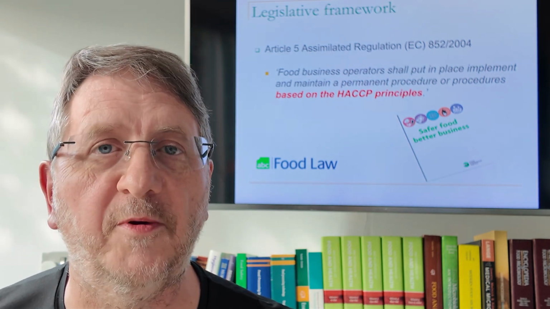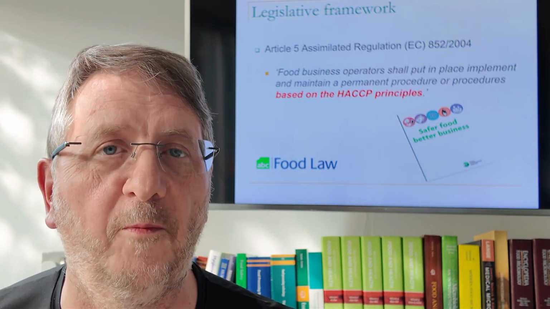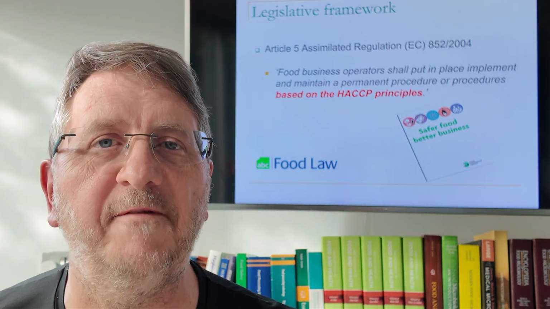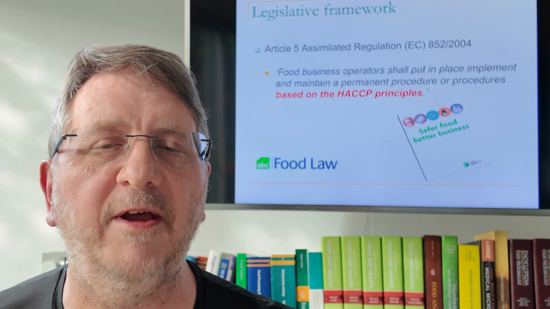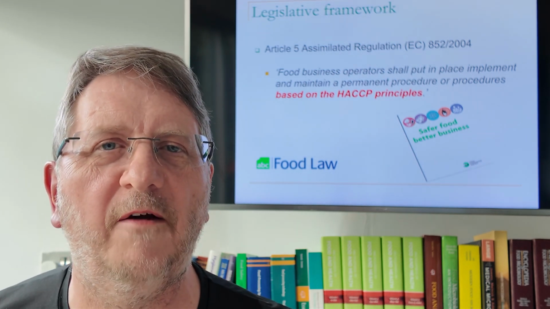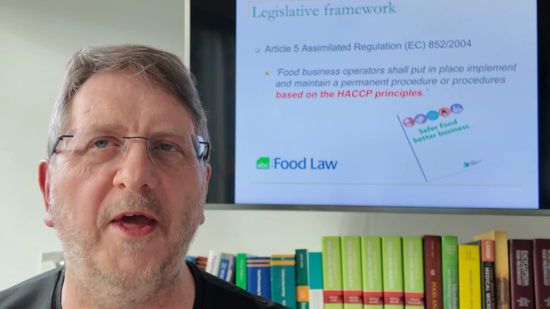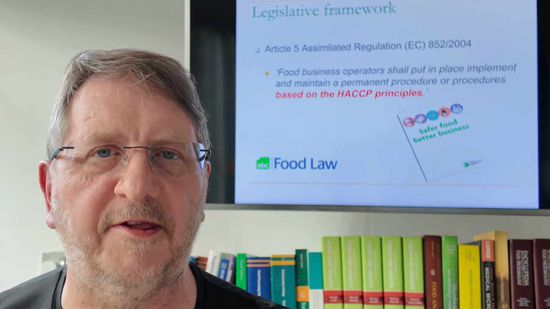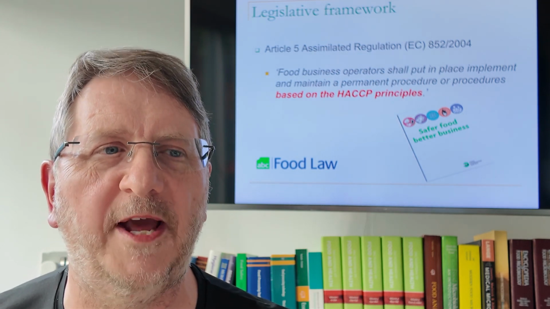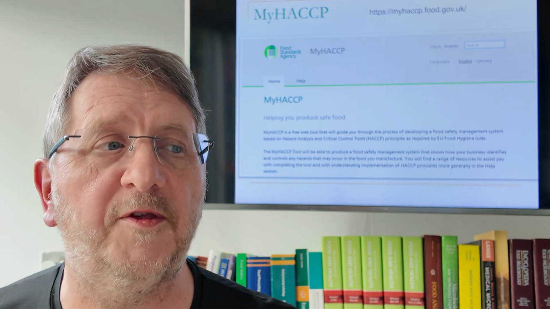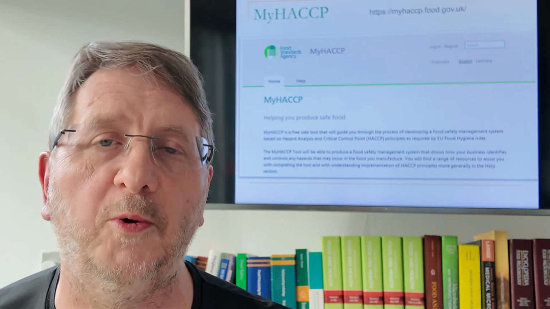A system based on HACCP principles might be a pro forma. As you can see on the slide behind me, the Food Standards Agency Safer Food Better Business is aimed at smaller businesses, caterers mainly, but also there are different versions for various retailers and so forth. But it's just a way of practically applying the principles of HACCP rather than using Codex HACCP itself. If you're a manufacturer, you might want to use the Food Standards Agency's My HACCP tool.